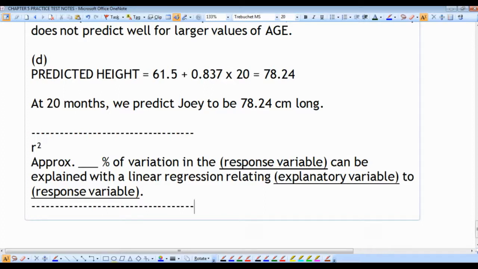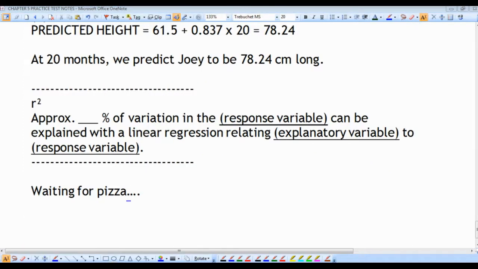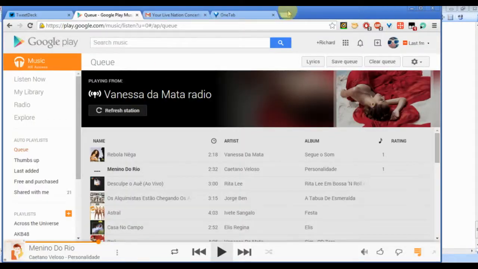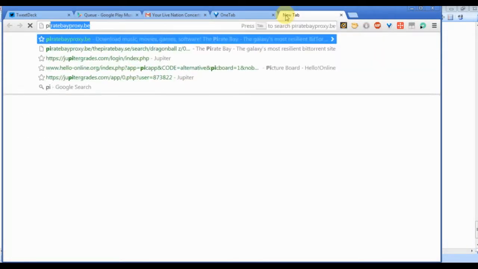What is that? Pizza. Do I write my note and then you sign it?